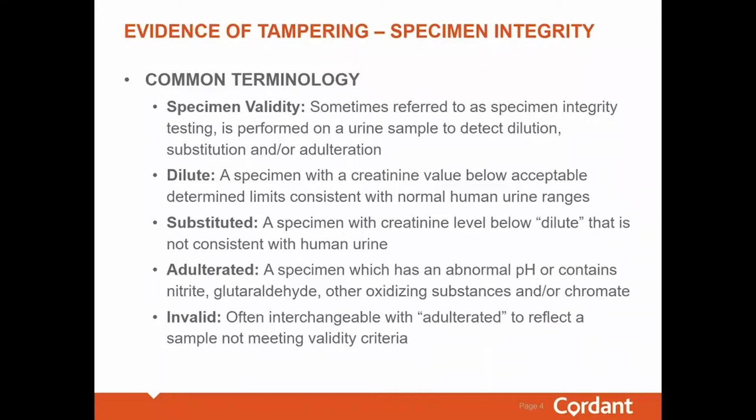Substituted is a specimen with creatinine levels below dilute, that is suspicious of not being urine at all. Adulterated is a specimen which has an abnormal pH or contains nitrite, butyraldehyde, or other oxidizing substances and/or chromate. And finally, invalid, which is often interchangeable with adulterated to reflect a sample not meeting validity criteria.